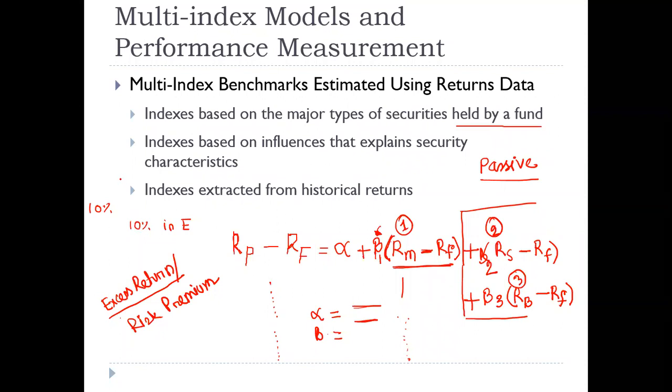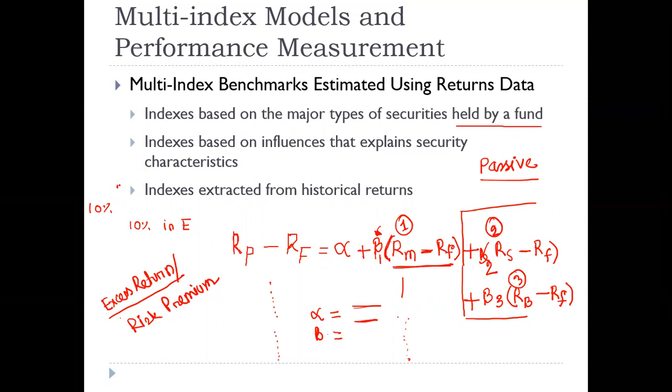If you're a passive manager, 10%. Okay. Now, if you do 8%, are you now passive or active? Sir, active, because you are not following the index, you are not mimicking the index. Okay. So one thing, you have got the active allocation in a particular sector.